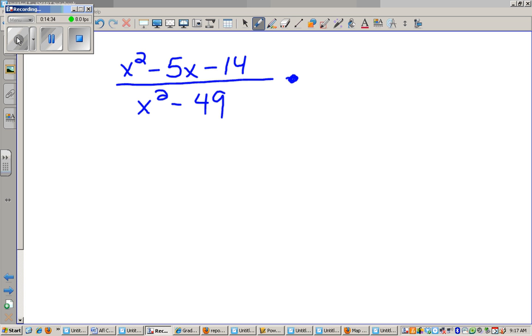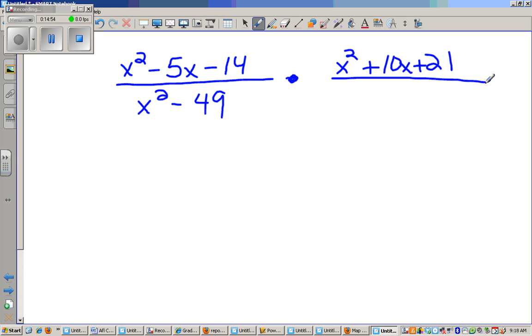Okay, so you can see this last one we're going to try to reduce. And on the top, we're going to have this, and on the bottom, we're going to have this.